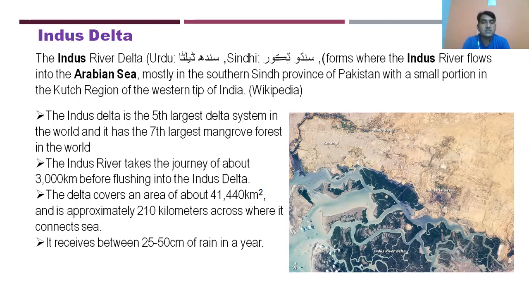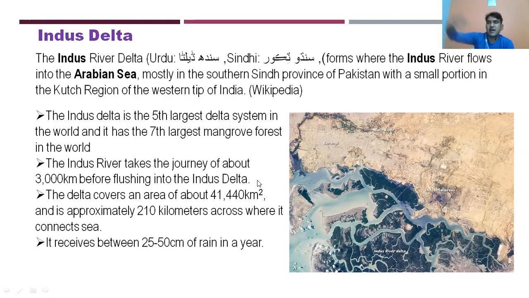Most of the mangrove forests are found in Bangladesh, which is famous for them because Bangladesh is covered by water from all sides. The Indus River takes a journey of about 2,900 or 3,000 kilometers before flushing into the delta.